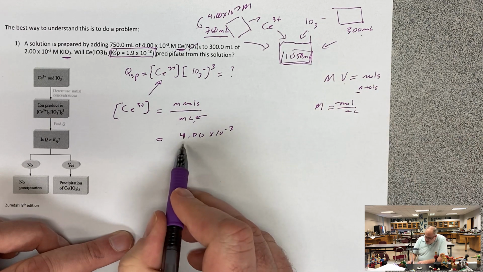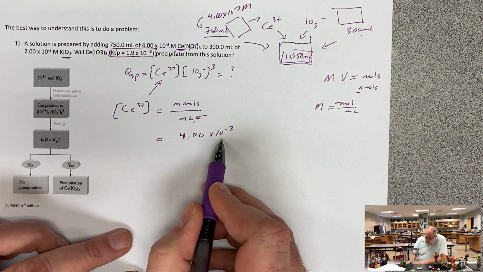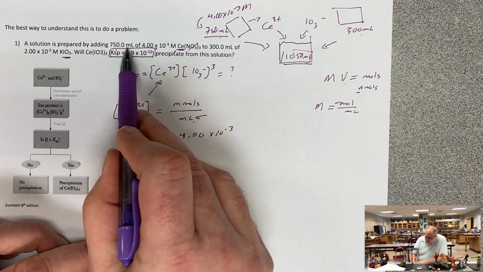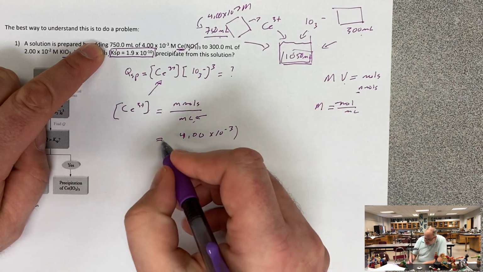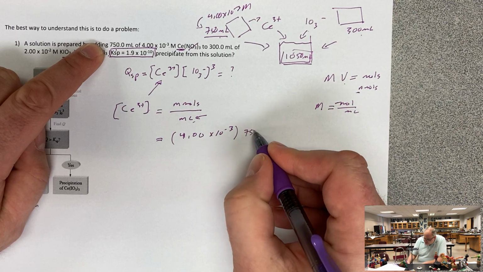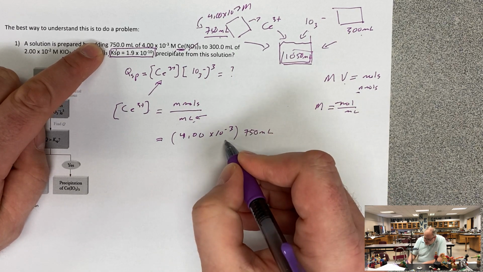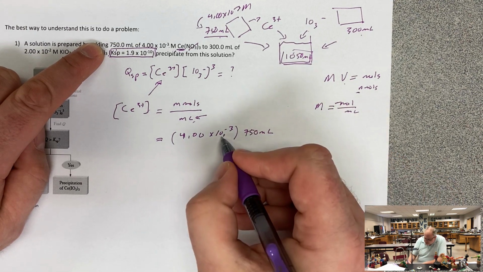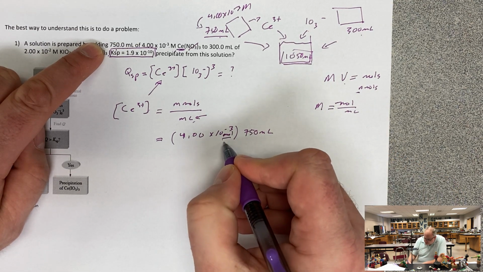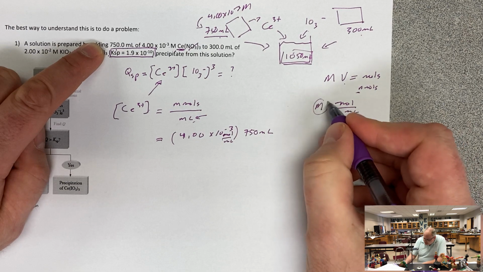Now, since we know our molarity originally, and now we know the volume that we're starting off with here, which is 750, we can multiply these two numbers by each other, 750 milliliters, and it'd be easier if we converted this to millimoles. We can say millimoles per milliliter, because that's what molarity is, right?